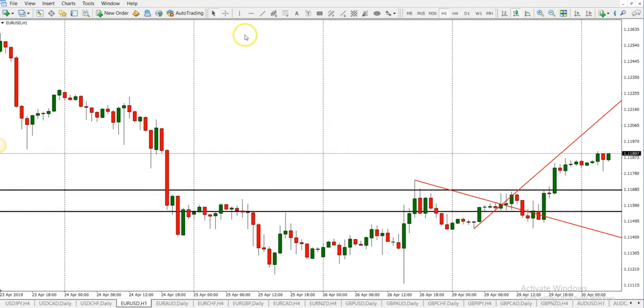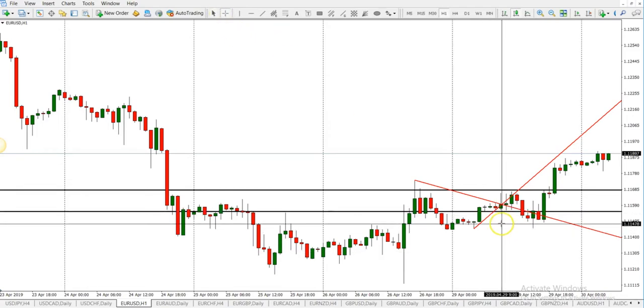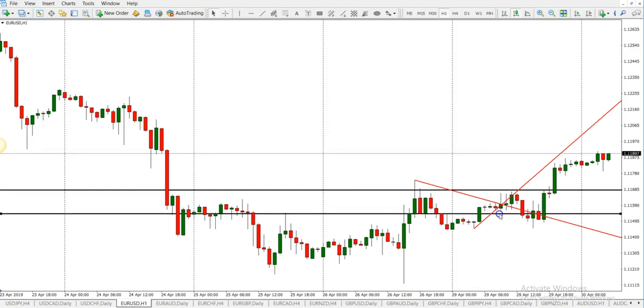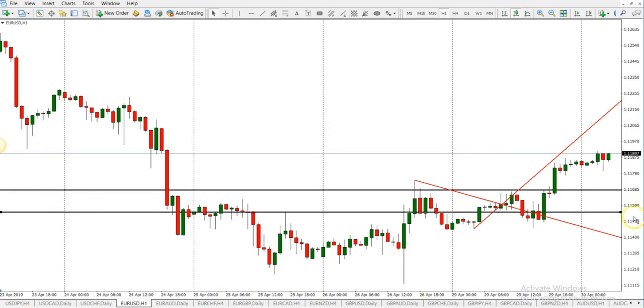We're looking for a 2 pip buffer. That's 58, so we're looking around 38, which is roughly around there.